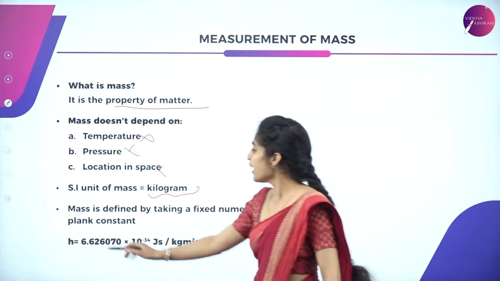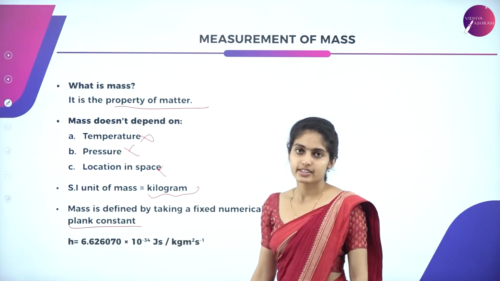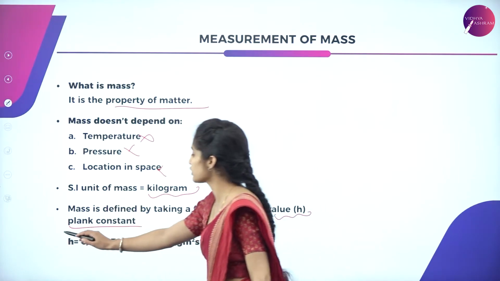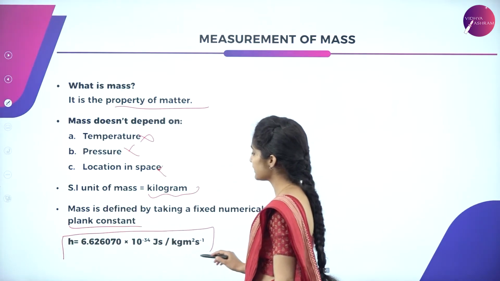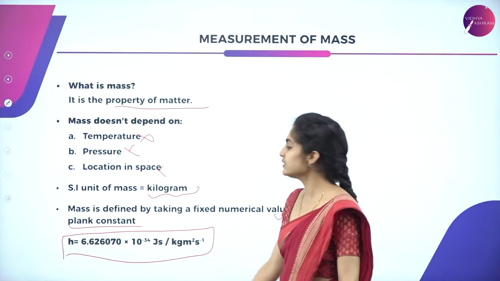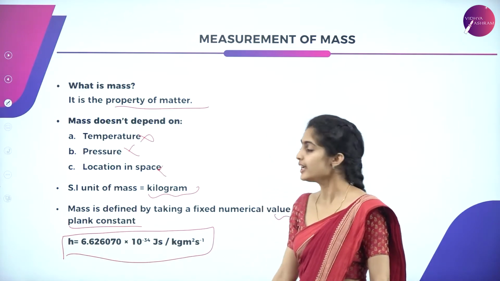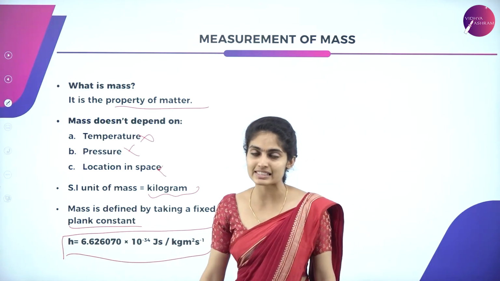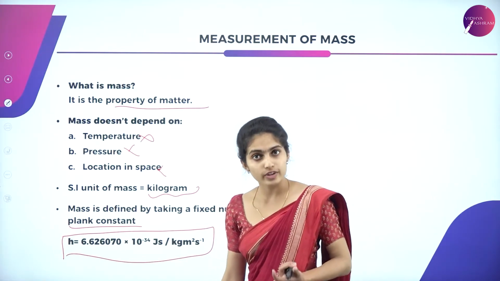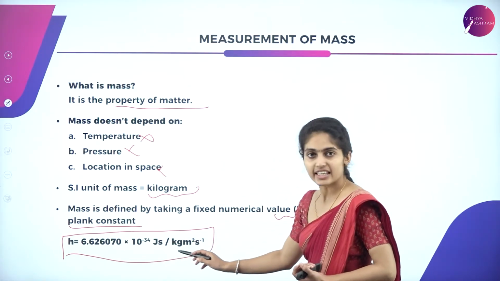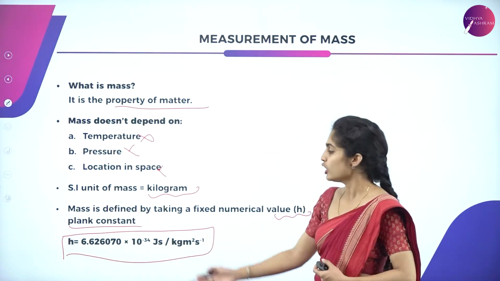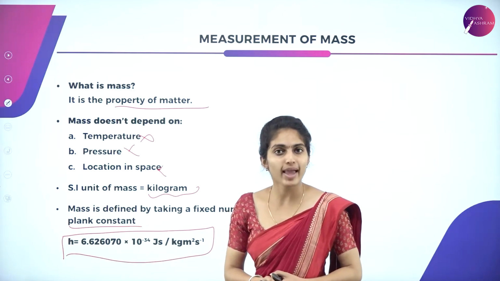It is called Planck's constant. The fixed value of h is 6.626 into 10 raised to minus 34 joules, or it can also be written as kg meter square second inverse. So this is the value of Planck's constant.